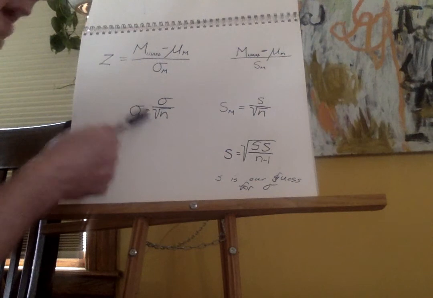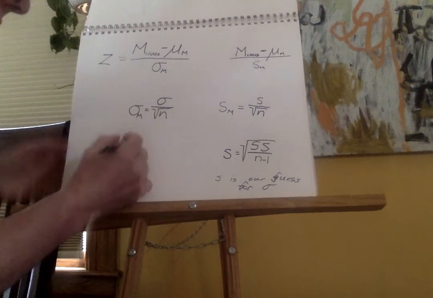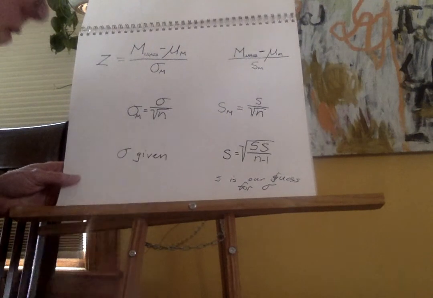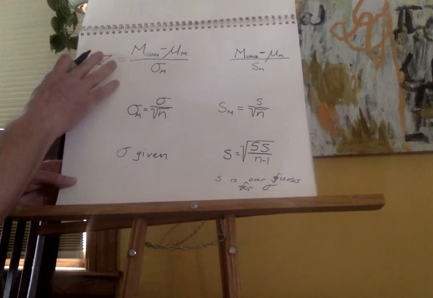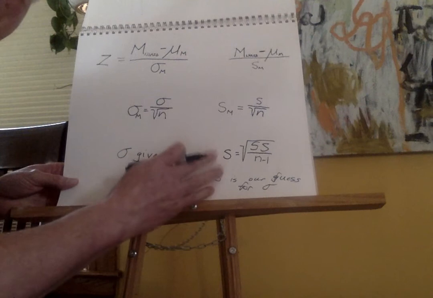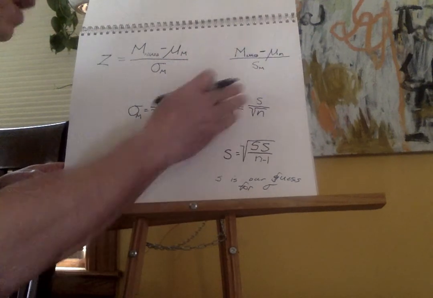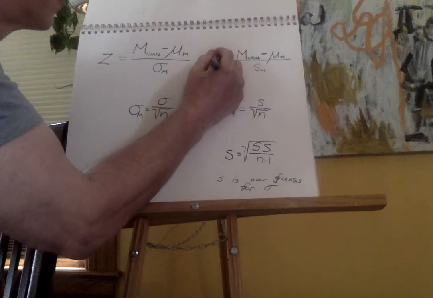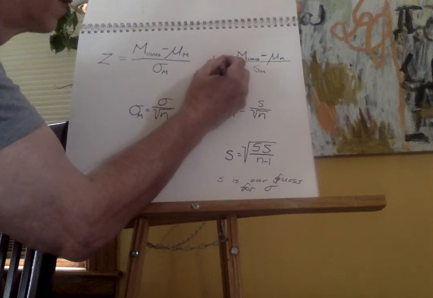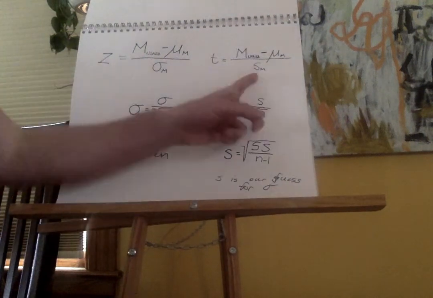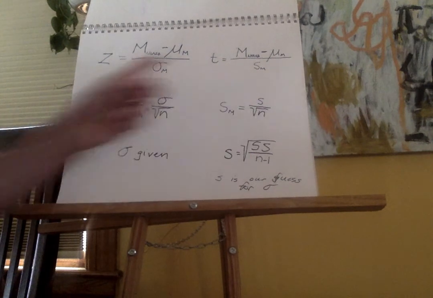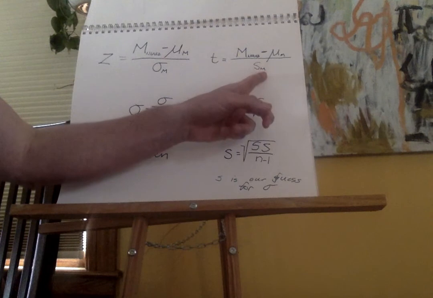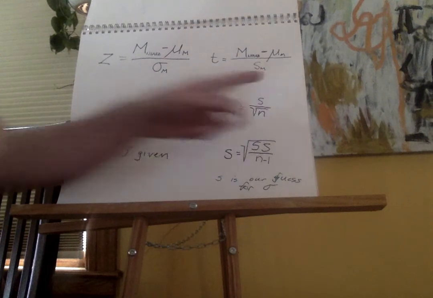This is when we have sigma, okay? So sigma is given, then you just do this and this. This is our guess for sigma. Now do this and this, okay? And since this is based on an estimation of sigma, this is an estimation of sigma, okay?